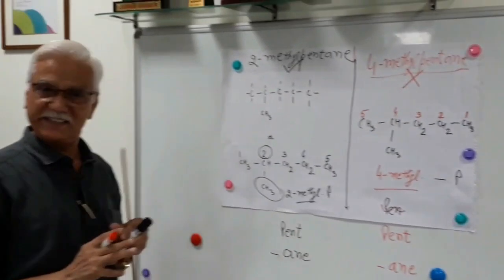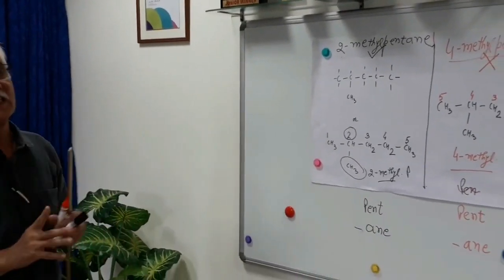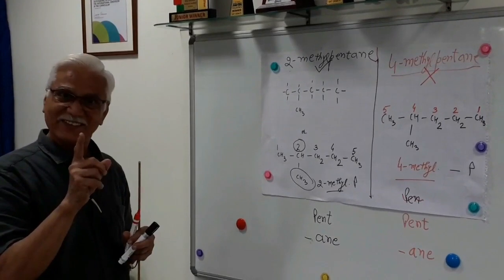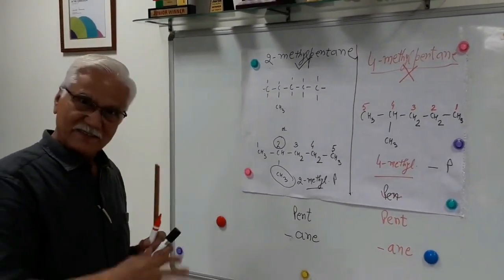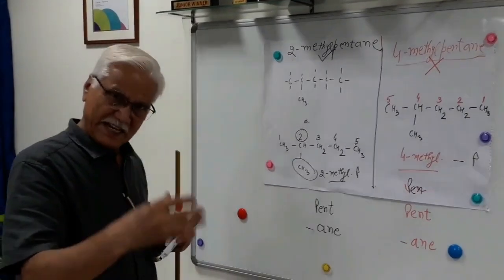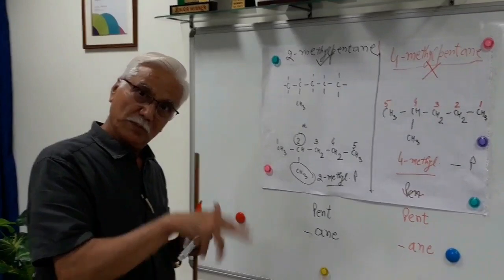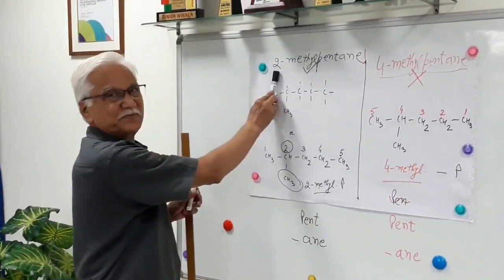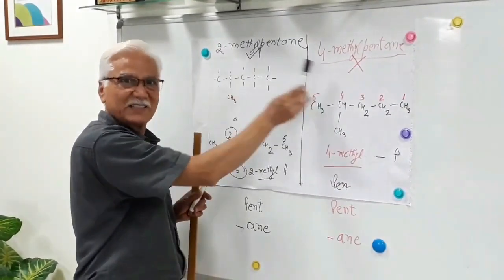4-methylpentane. Now another rule, if you have gone through those pages: if a side chain is present, it should get the minimum number. Recall. If a side chain is present, first decide the number, then its name, and then the root word, and then the minimum number rule. So which is the minimum number here? 2 or 4. 2 is lower than 4.